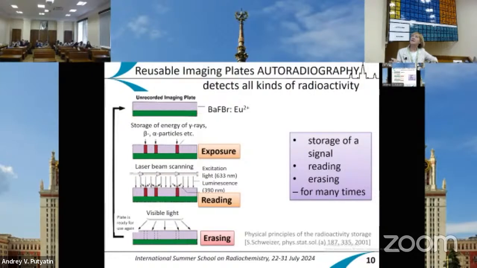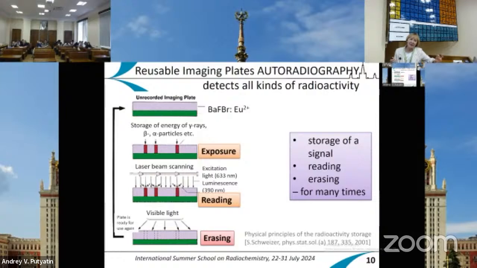We see here it is imaging plate. This is phosphor layer with barium fluorobromide doped with europium 2+. And after some radioactivity in close contact with this phosphor layer, after exposure time, we can see after excitation light, photostimulated luminescence from this stored activity in this phosphor layer.